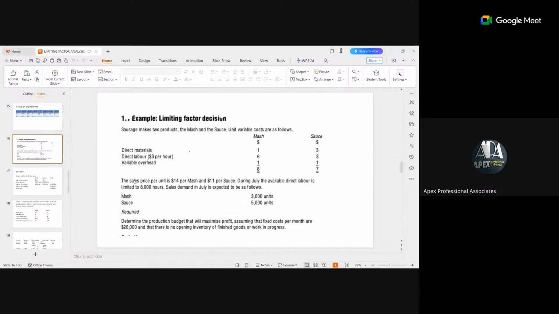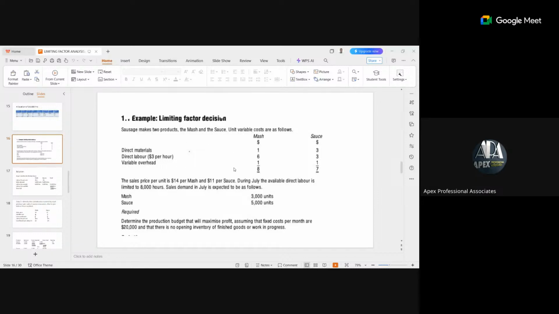So, to determine the contribution per unit, the sales price in this question for mesh is $14 and for source is $11. Now, the variable costs are what? We have direct materials, direct labor, variable overhead. For mesh, the variable cost in total is $8.